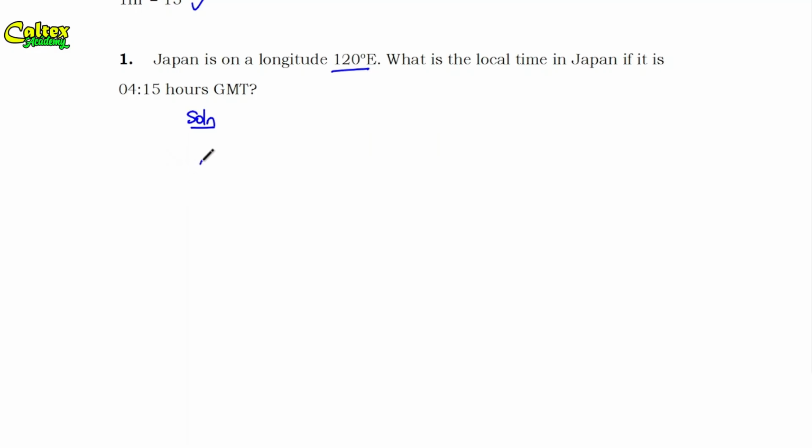So the angle difference is given by subtracting 0 from 120 degrees. So this makes no change. We have still our 120 degrees. After that, we need to convert these degrees to time.